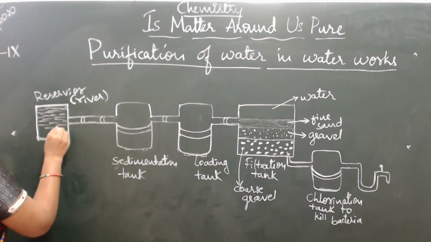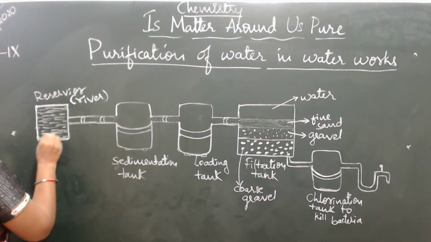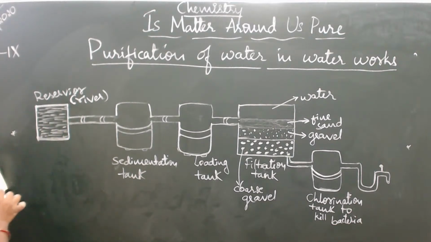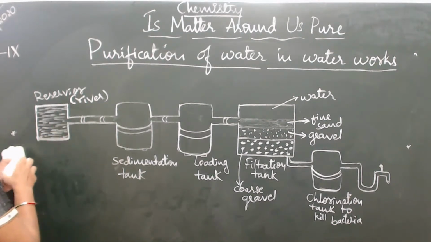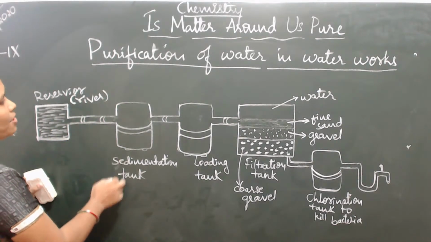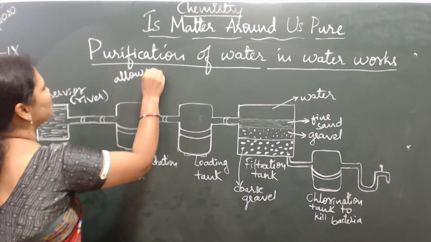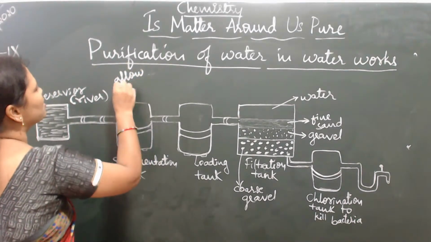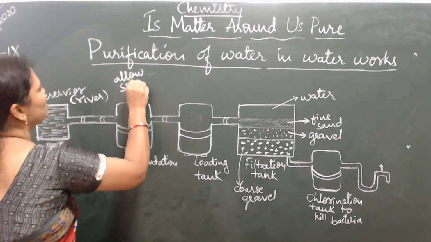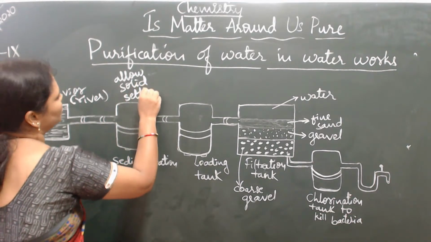Okay. So here from the water body, that is from a river where we are getting a large amount of water, we supply water to the sedimentation tank, where solid particles are allowed to settle down.